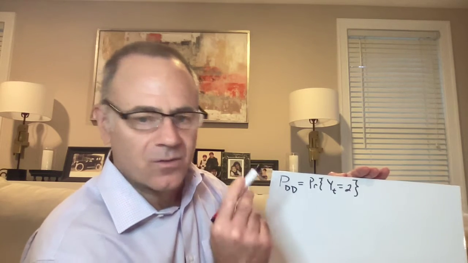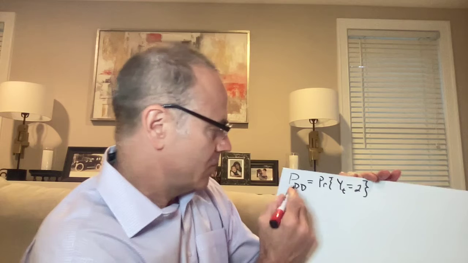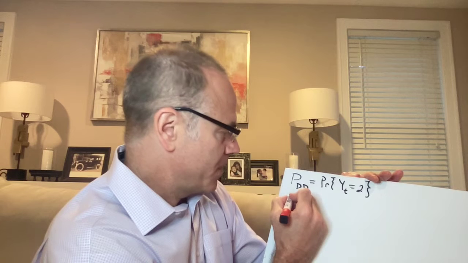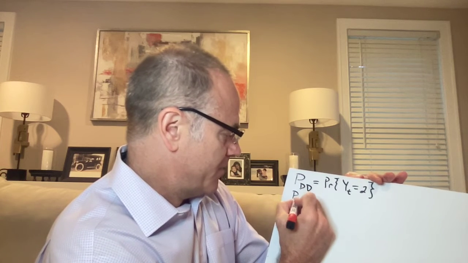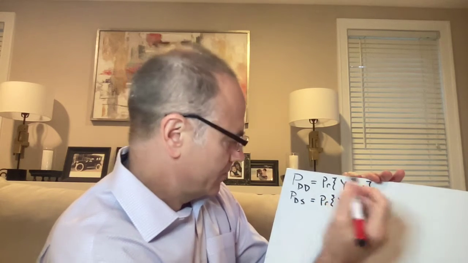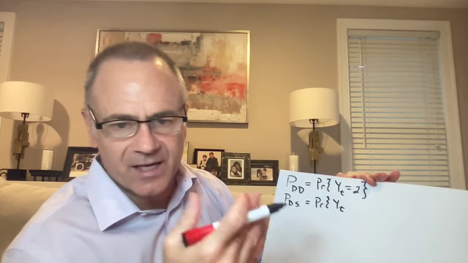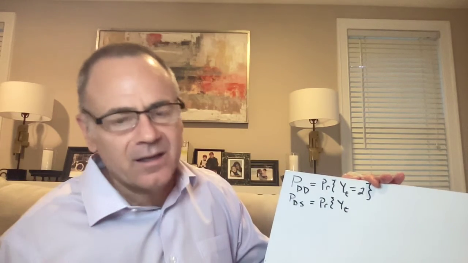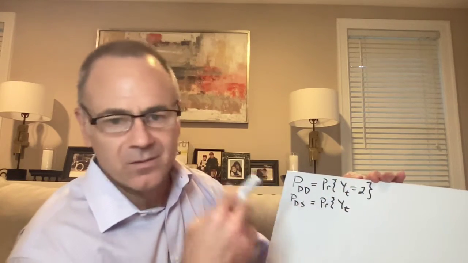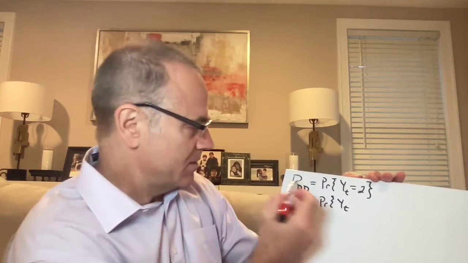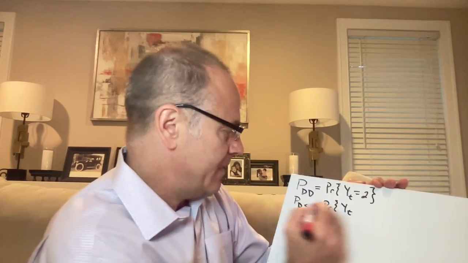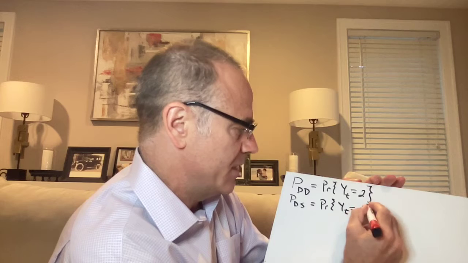DD means both drivers were drunk. They define PDS equals probability y sub t equals 1. By the way, we're assuming that all these observations are identically and independently distributed, so observation 1 has the same probability as observation 2, 3, and so on.